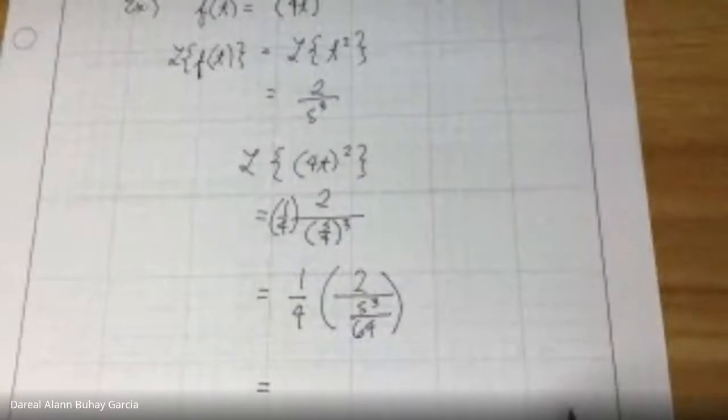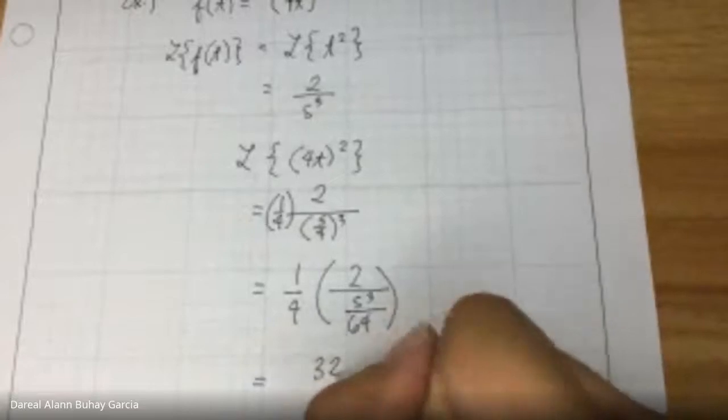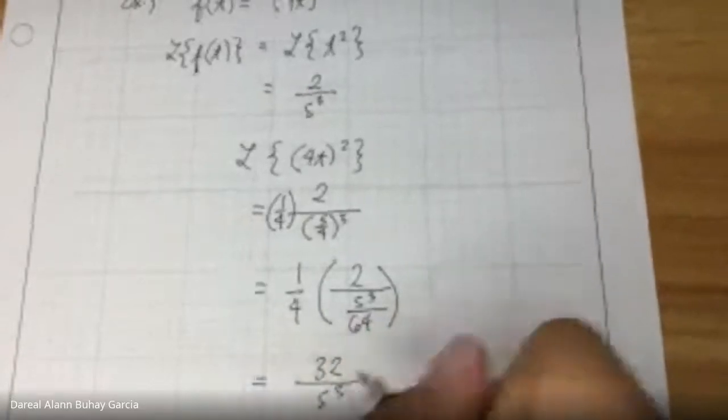So we use the constants to simplify: 64 times 2 divided by 4 is 32. So this is just 32 over s cubed.